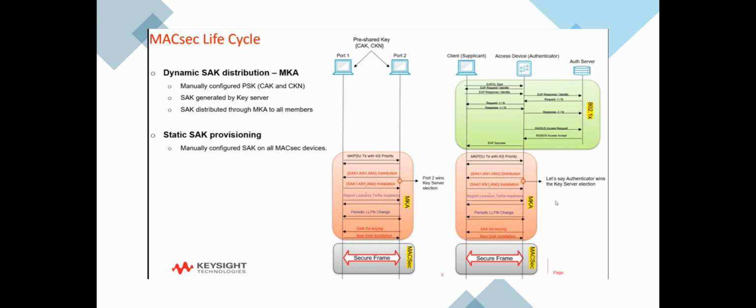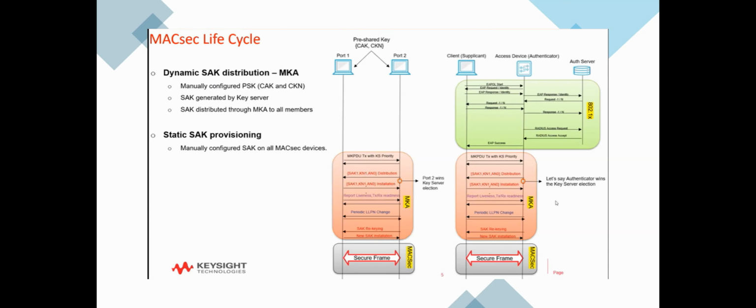There are three steps to the MACSec component, right? One is the 802.1X where you do the authentication to bring it in, and that's when you start doing the MKA. The MKA is where you decide who's going to be the key server at that point. And then the encryption decryption part itself is the third step of the process.